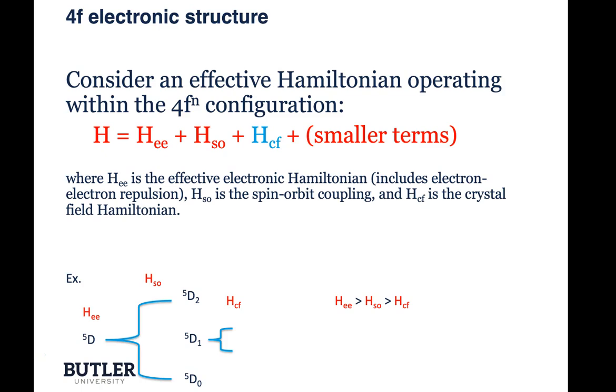And this is the opposite. So I show the importance of these terms in the Hamiltonian. And this crystal field Hamiltonian is much smaller, so we get subtle changes, but we always have similar energies. That's not the case with transition metals and so forth, where the crystal field Hamiltonian is much, much more important.